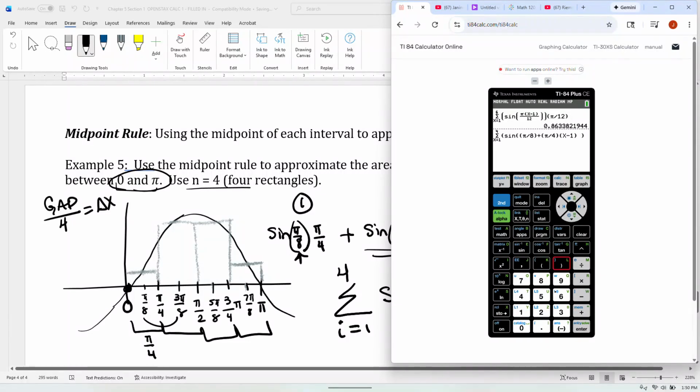Okay, let's see if I got this. I have pi over 8 plus the gap, pi over 4, to get to the next midpoint. I don't have to do it for the first one, but I need to do it for all the rest. So I like that. Every parenthesis that's opened is closed. Awesome. And then behind sine, we're going to go times the width of each rectangle, which is pi over 4.